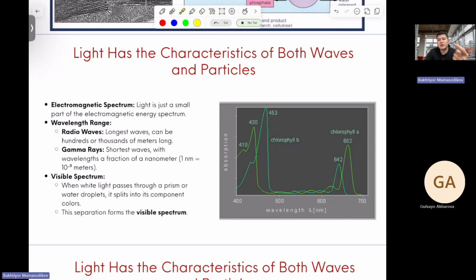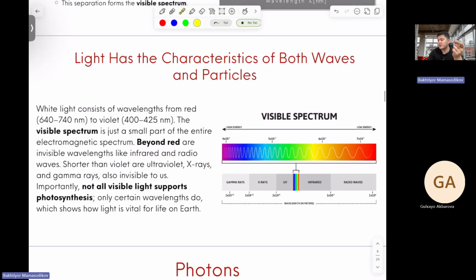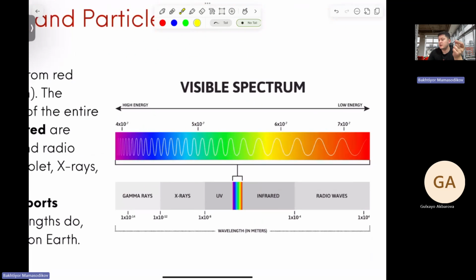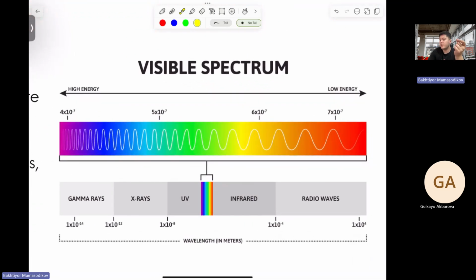They are all electromagnetic waves. Okay, you have to know about them. As you can see, these are gamma rays, X-rays, UV rays, infrared, and the radio waves. All of them are examples of electromagnetic waves.